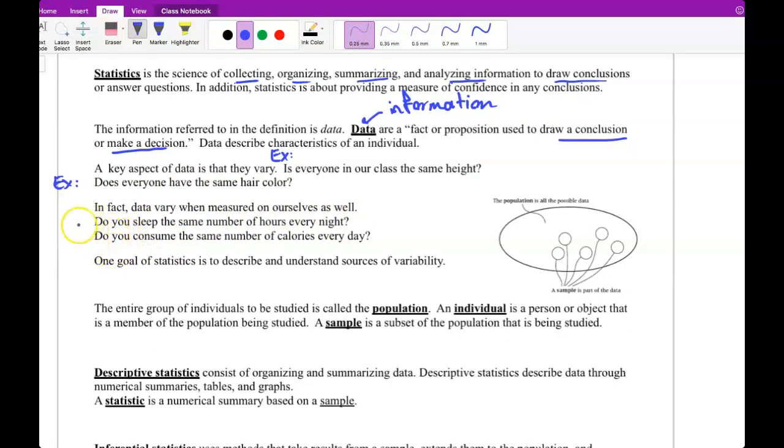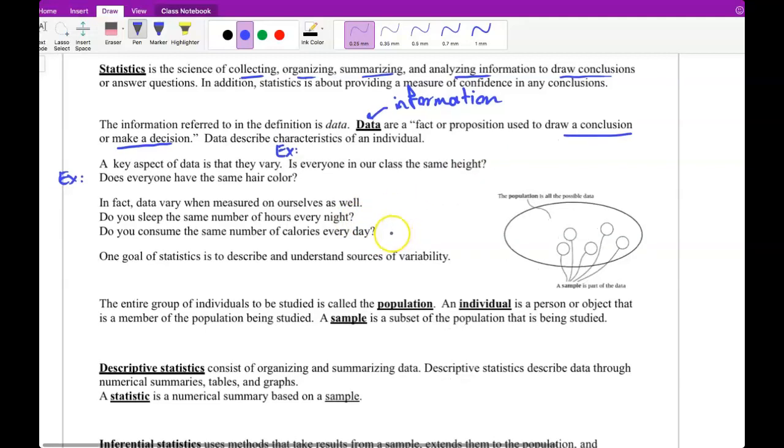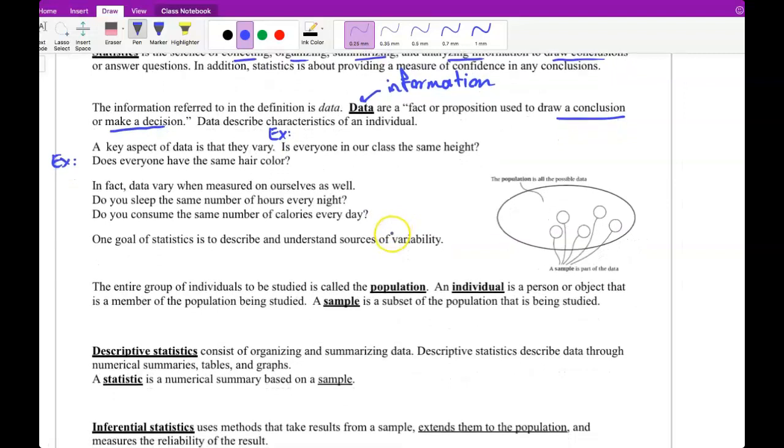Here we have another example, again, different questions. Do you sleep the same number of hours every night? And what is the answer for that part? Do you consume the same number of calories every day? So we're going to collect all this information, and then draw a conclusion or make a decision.